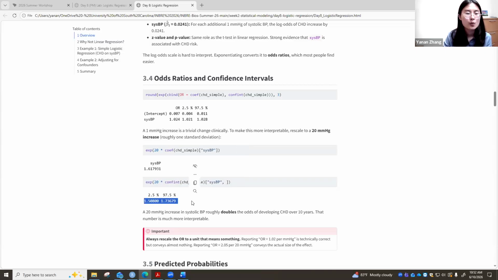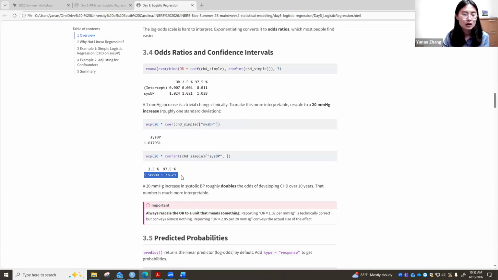Now we can see we are 95% confident that the odds ratio corresponding to a 20 unit increase is between 1.5 and 1.7, which is purely above the value of 1, meaning we do find that systolic blood pressure is positively associated with the odds of developing coronary heart disease.